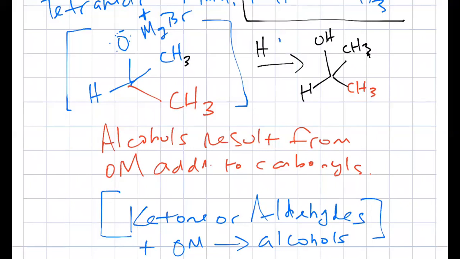You following that? Yes, sir. So when I quench this with HCl, obviously the H plus is going to end up here on the oxygen, and then the chlorine is going to end up with MgBr, like that.